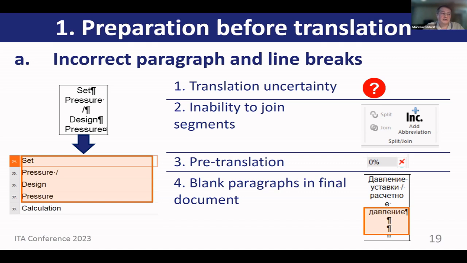And fourth, whether you merge segments or not, you will still need to fix incorrect breaks in the final exported document because it will contain empty paragraphs or improperly positioned breaks.